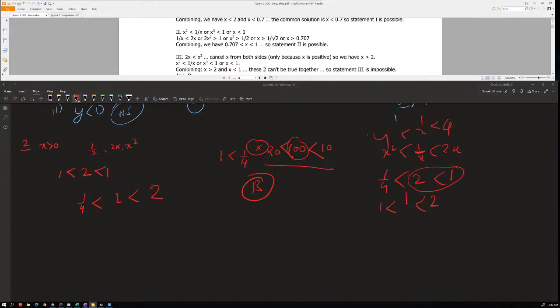So what they have done here is basically cross multiply and segregate the equations into two. The last equation would be x greater than 1 by 2, or x greater than 0.7. How did we reach there?